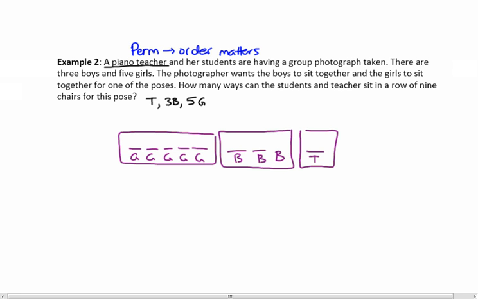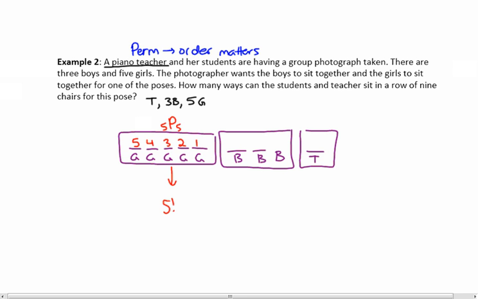So one way we can think about it, first of all, how many ways can we arrange the girls? We know it's a permutation, and there are 2 ways you can input it. You can go 5P5, or 5, 4, 3, 2, 1, which is 5 factorial. We're arranging the girls because they're different girls.